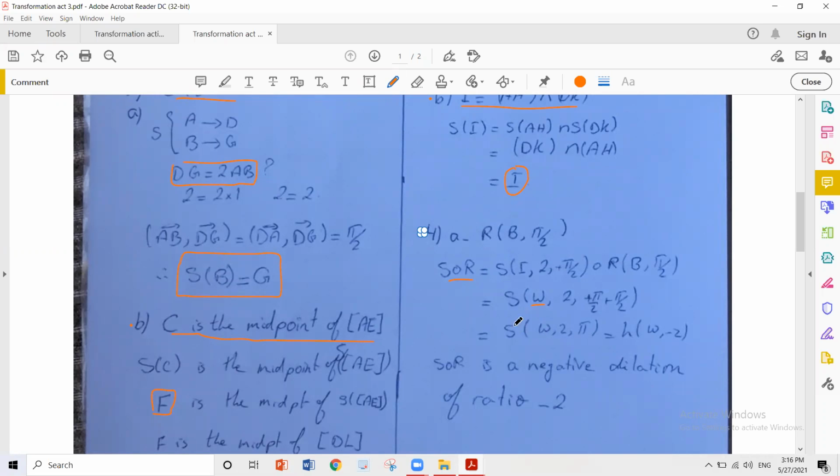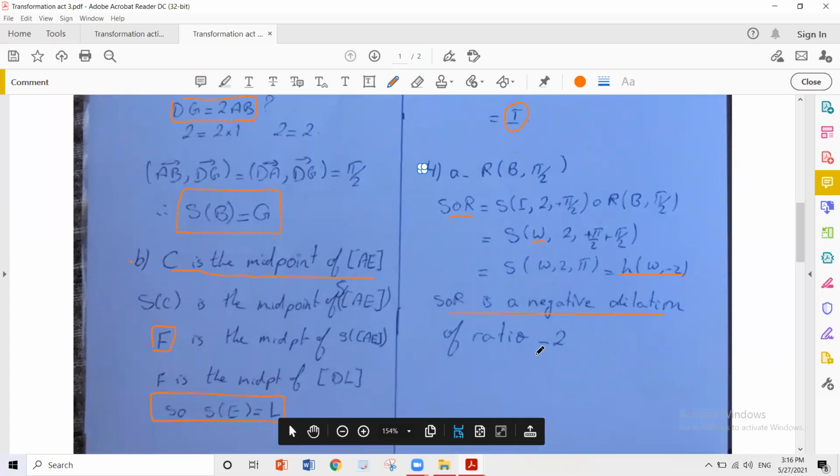So we get a similitude with center W, ratio 2 and angle pi. So we call it a negative dilation with ratio -2. So S round R is a negative dilation with center W and ratio -2.